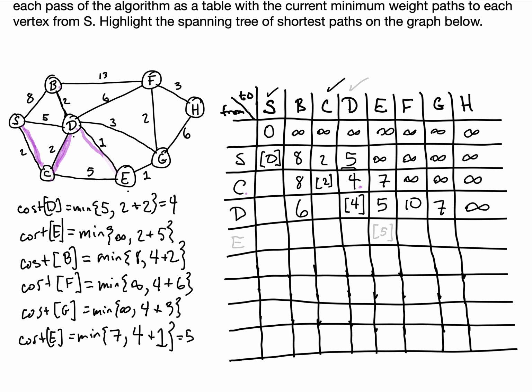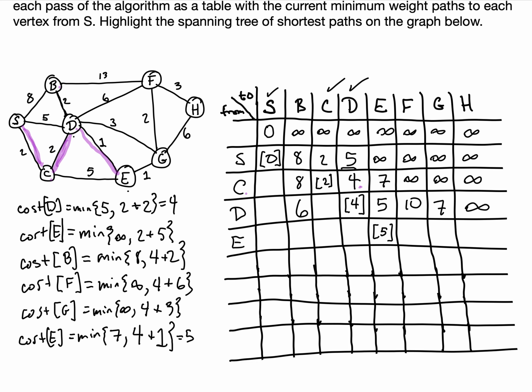And now we have updated the costs of all of the unvisited neighbors of D. So D has now been processed, and we're looking at the minimum of all unprocessed costs for vertices. E has the minimum of all of those costs, so we can update the path for E, and we can now go ahead and start to process E.